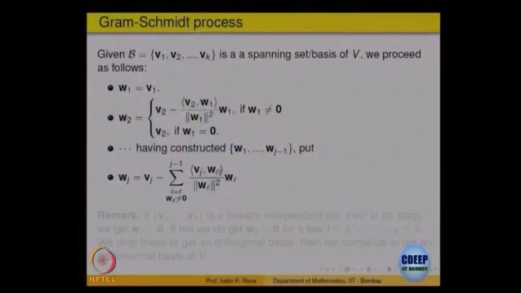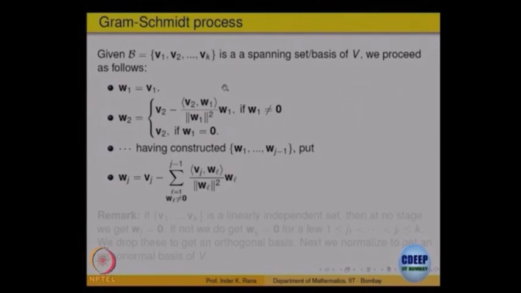See, the Wl's up to j minus 1 have already been constructed, so use them to construct the next one, just removing a projection, that is the idea, and that should give you an orthogonal set. This W1, W2, ..., Wk will be an orthogonal set whose span will be the same as the span of V1, V2, ..., Vk, if none of them is 0, right, as many as the original ones.